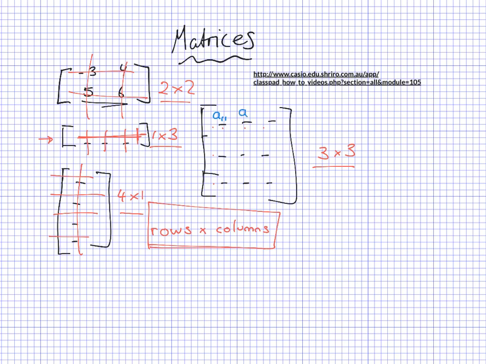This one here would be A, and it can be in row 1, column 2. And this one here can also be an A in row 1, column 3. So you get the idea. You name each element according to its location on the grid. So this one here could be A in row 2, column 2. This one then in the bottom right corner would be A in row 3, column 3, and so on and so forth.